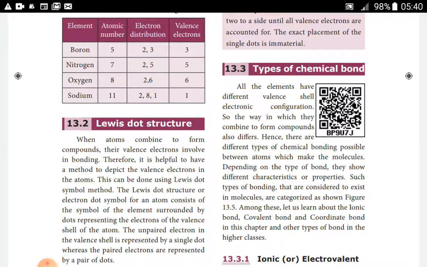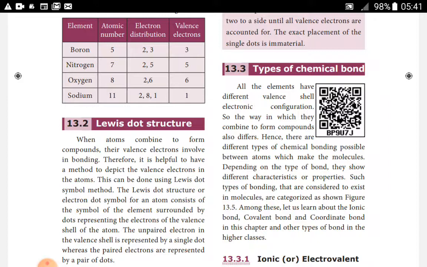Hence there are different types of chemical bonding possible between atoms which make the molecule. Depending on the type of bond, they show different characteristics or properties. Such types of bonding that are considered to exist in a molecule are categorized as shown in figure 13.5. Among these, let us learn about the ionic bond, covalent bond and coordinate bond in this chapter, and other types of bond in your higher classes.